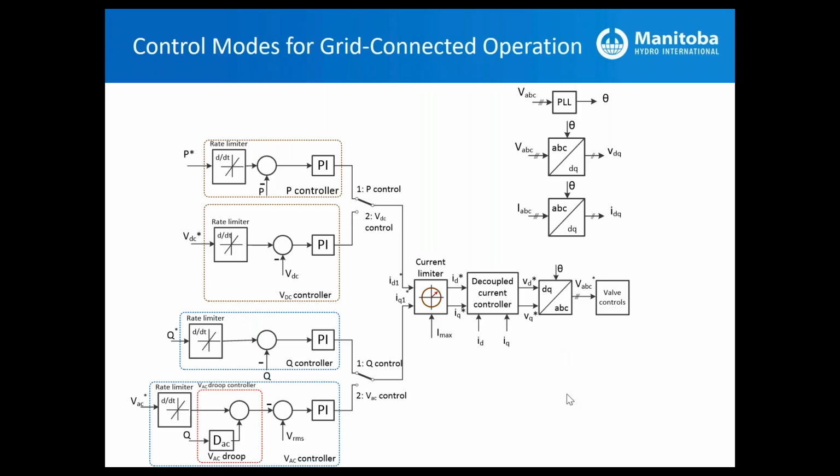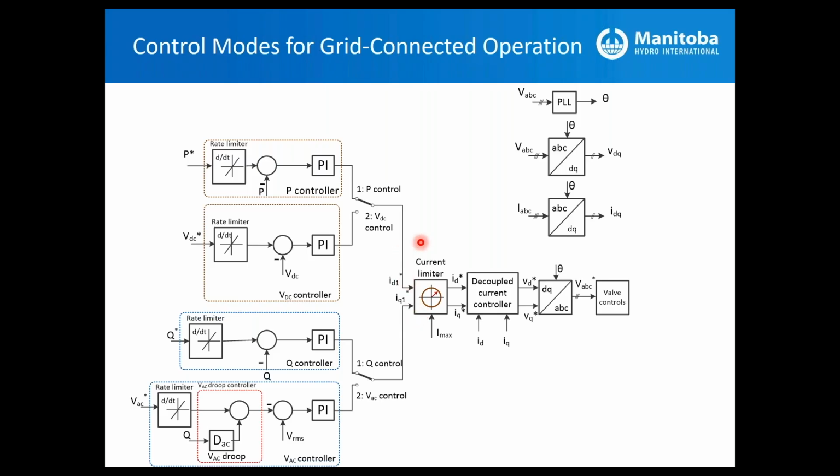Basic block diagram of a voltage source converter. If you have DC voltage control, there is the current control method, in order to make sure we are not violating the maximum rated current of the converter. Active and reactive currents are the outputs of either our DC voltage or active power controller, or Q or AC voltage controller.